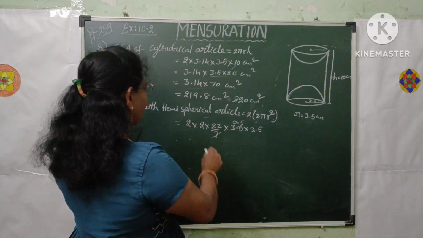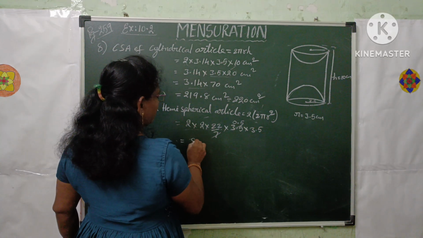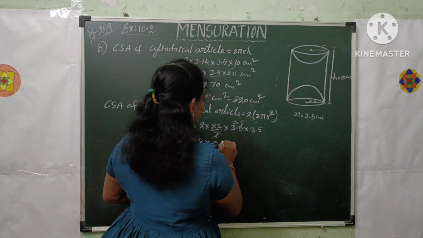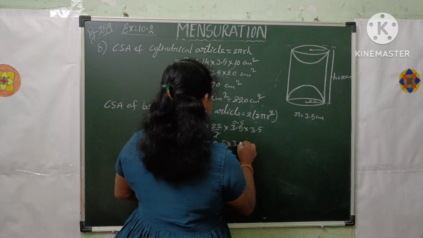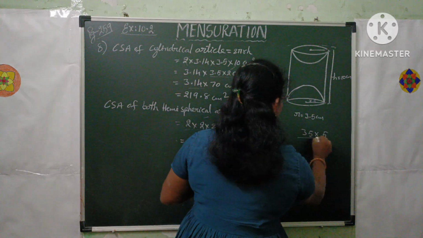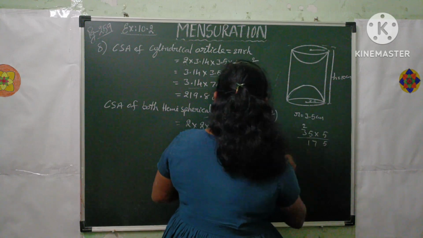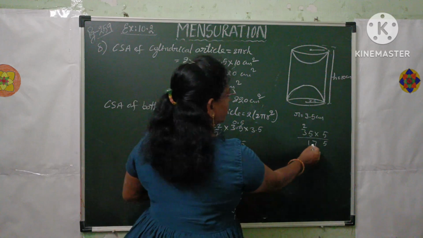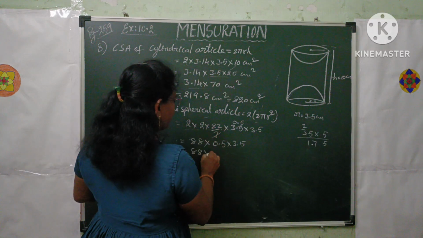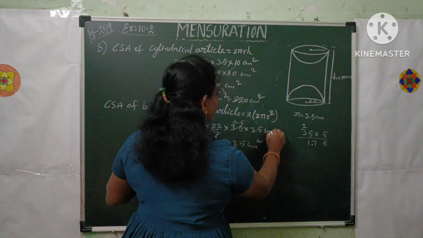Here we multiply 44, 88, into, we multiply these two, 0.5 into 3.5, which is 1.75. How many decimals are there? Count and keep 1.75, that is equal to 88 into 1.75 centimeters square.